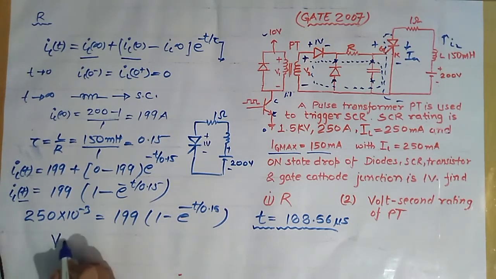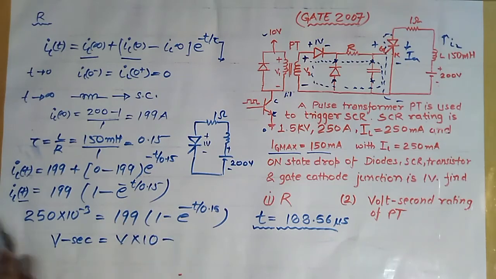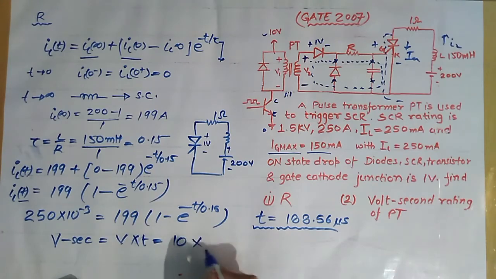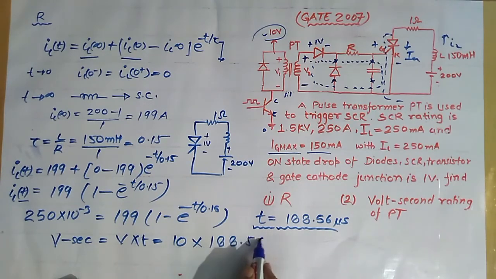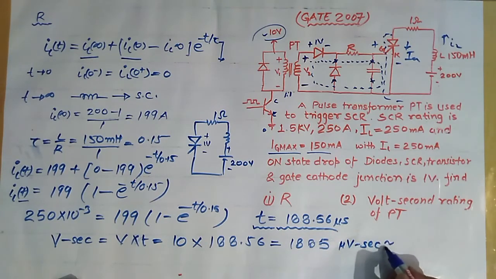Now what is the voltage second rating? That equals V into T. The voltage is 10 volt, and the time is 188.56 microsecond. On multiplying, we get 1885 microvolt second. In the options, 2000 microvolt second was given, so it is nearest to this value.